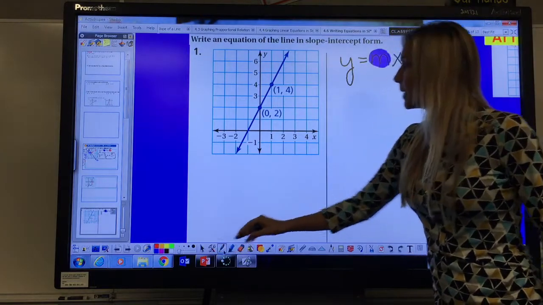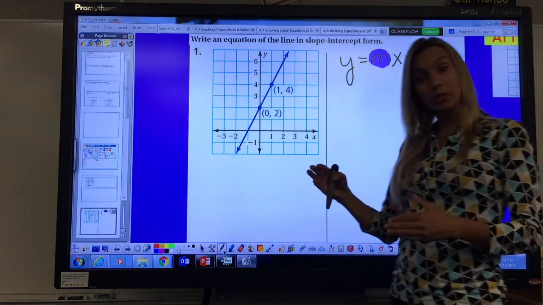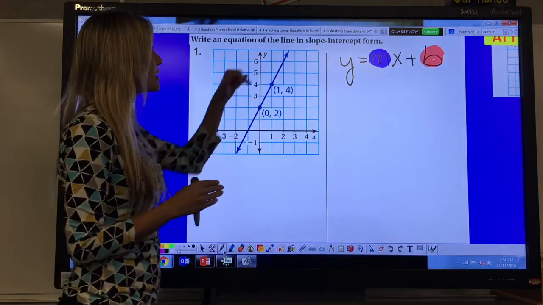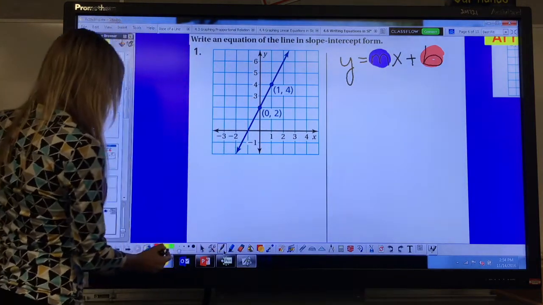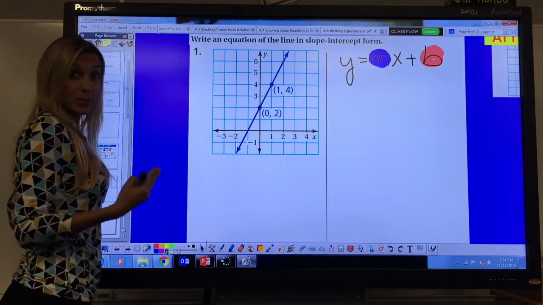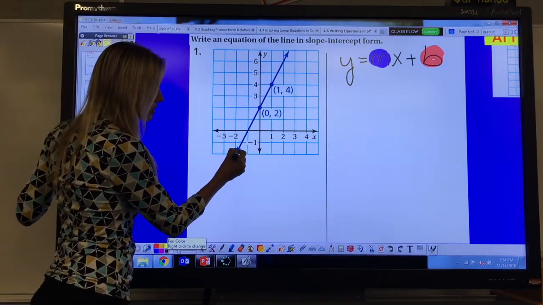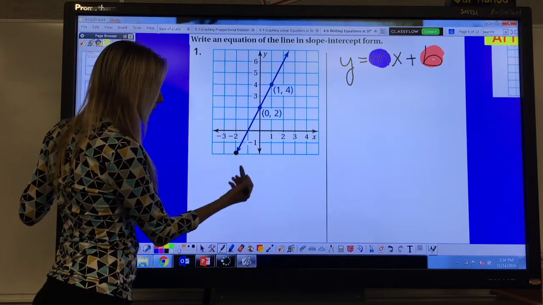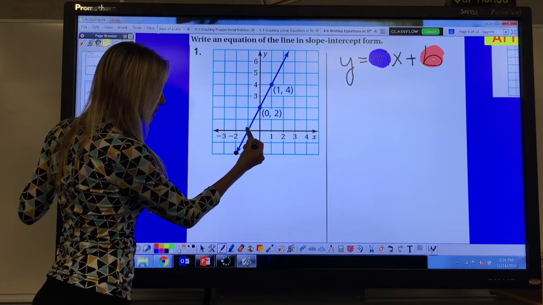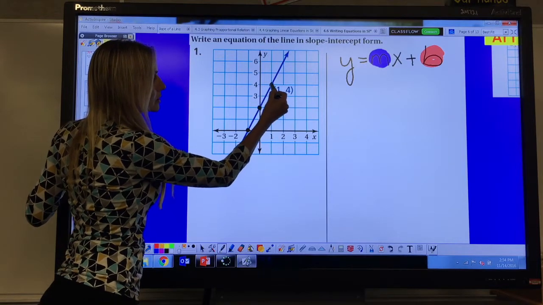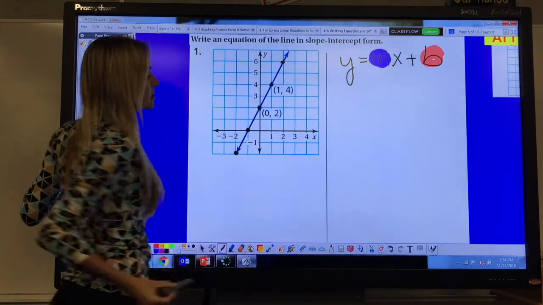So let's look. M stands for slope. So I want to know, how do I go from one nice point to the next nice point, right? Which tells me the steepness of a line. So let's find all the nice points, all the intersections. It's here, not this one, it's in here, not this one, in here, not, yes, and yes.